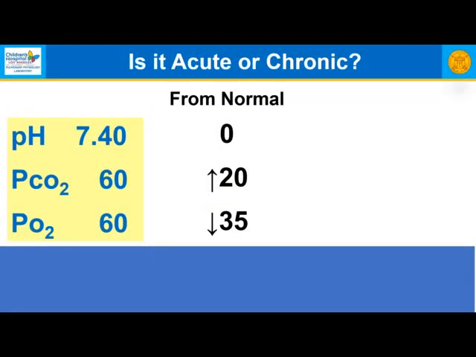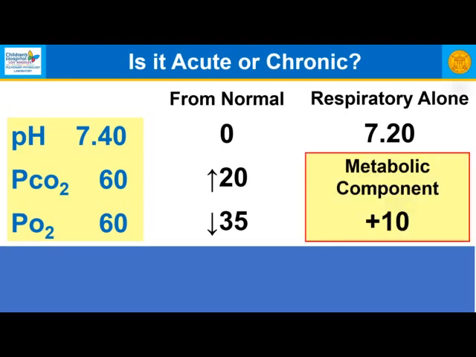Okay, so if we look at the pH, it's normal. It's not different from normal. PCO2 is up 20. So for a PCO2 of 60, which is 20 above normal, we'd expect a pH that is 20 hundredths of a pH unit below, 7.20. So there is a metabolic component. The difference between observed and respiratory only is 20 hundredths of a pH unit. Half of that is 10, plus 10. So there is a metabolic component of 10.